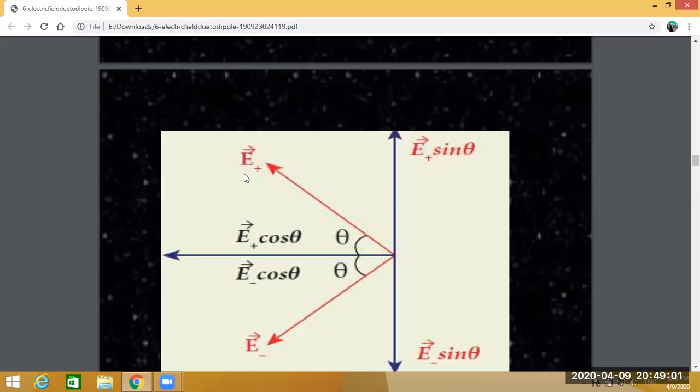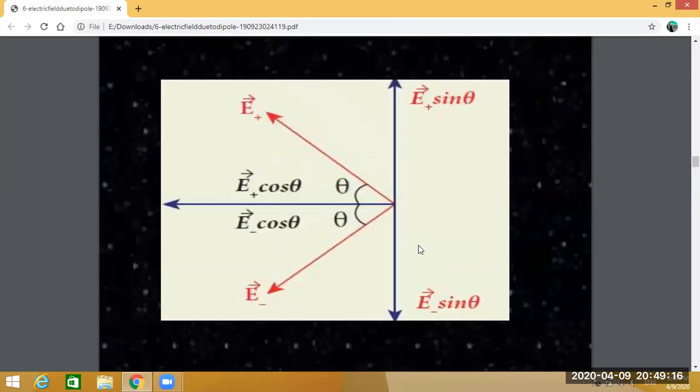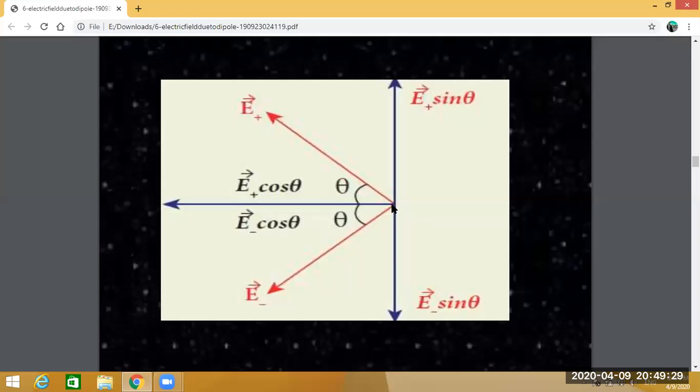One component of this electric field will be in this direction, say E plus sine theta, and the electric field E minus will have a component in this direction, E minus sine theta. As E plus and E minus have the same magnitude, these two components will cancel each other. Only this component will add up together to give the effective electric field, so the effective electric field will be in this direction.